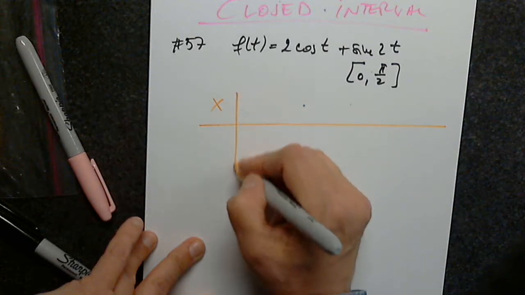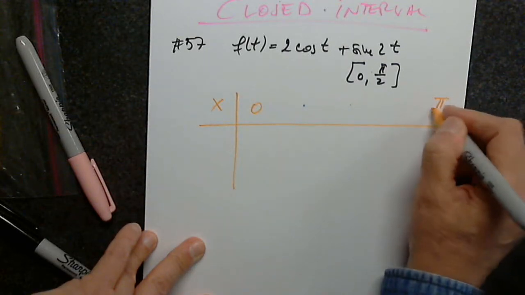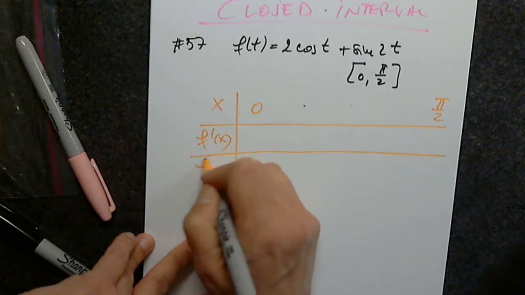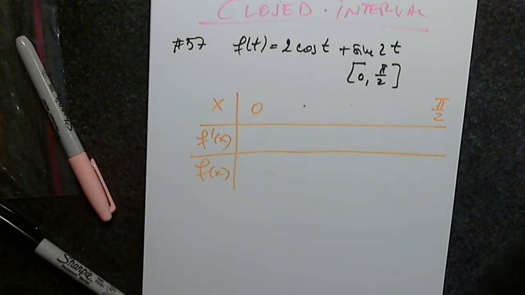We have to study everything only between 0 and pi over 2, for f prime and f of x. So everything that happens in the first quadrant. In order to find relative max, relative min, or absolute max, absolute min, what do I have to determine first?